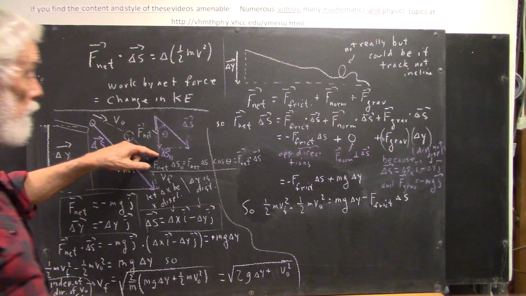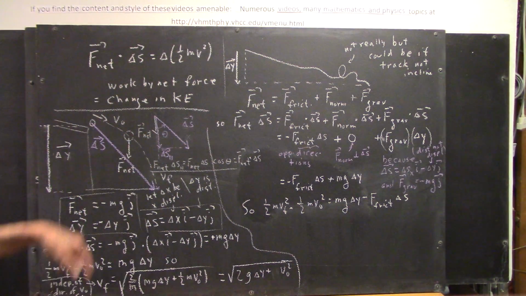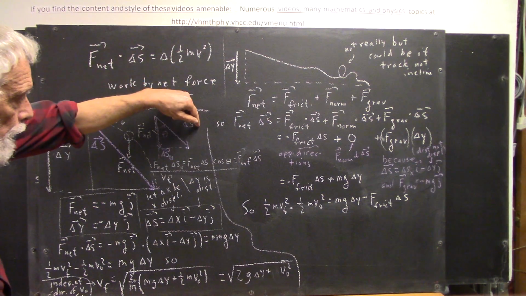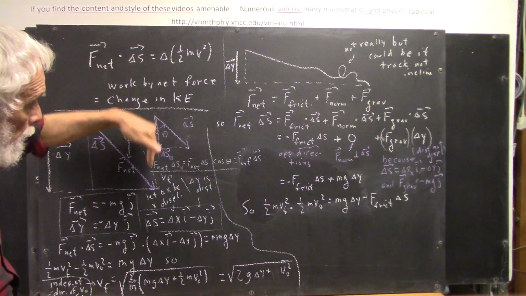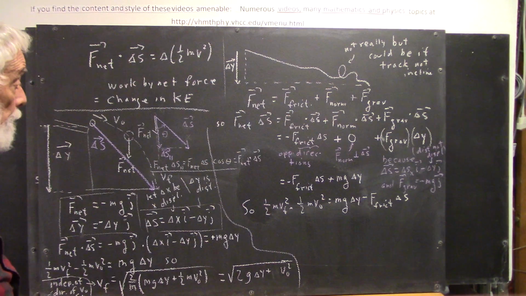Also, this delta S parallel vector is the projection of the delta S vector in the vertical direction.